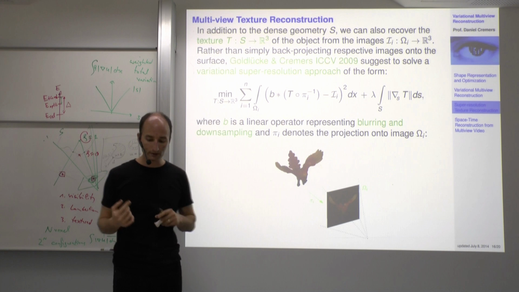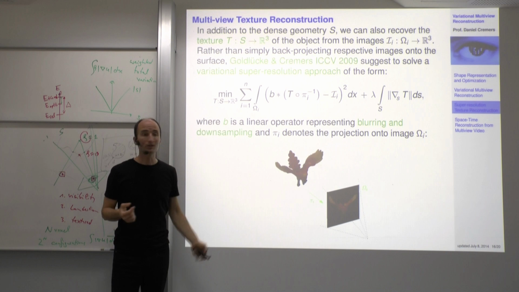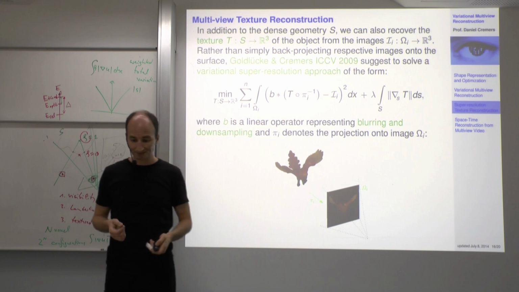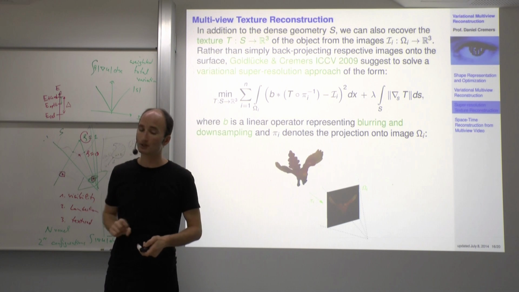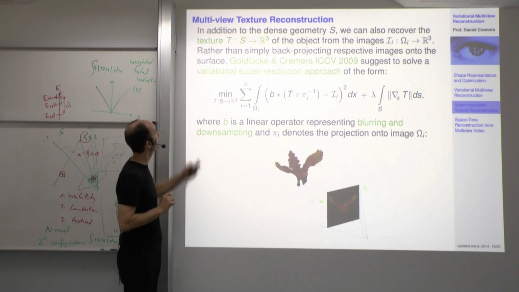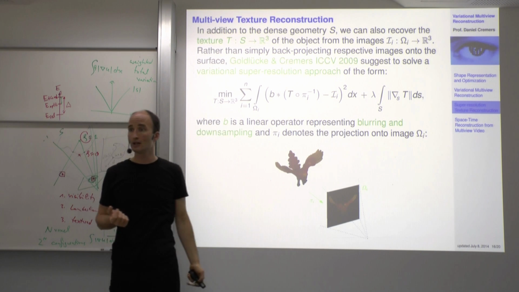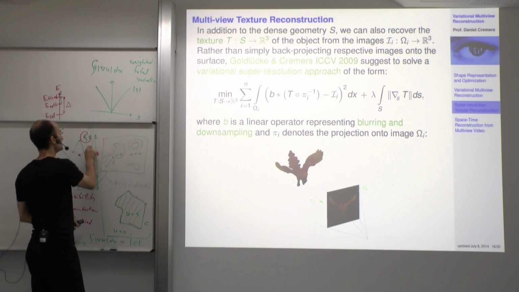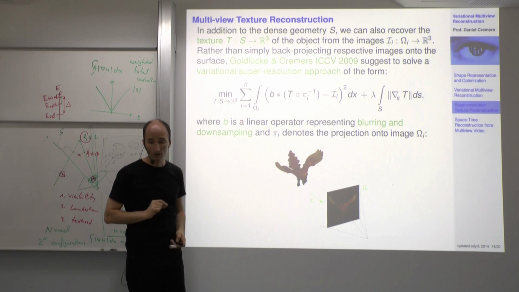So we assume we've already computed the reconstruction S, we have a surface S, we assume we have a set of color RGB images, I_i, and we assume we have the camera parameters, so we know where each camera is. All we want to know is the texture, or the coloring of the surface. Meaning for each point of the surface, I want to know what is the RGB value for that point on the surface. And how can I solve that?